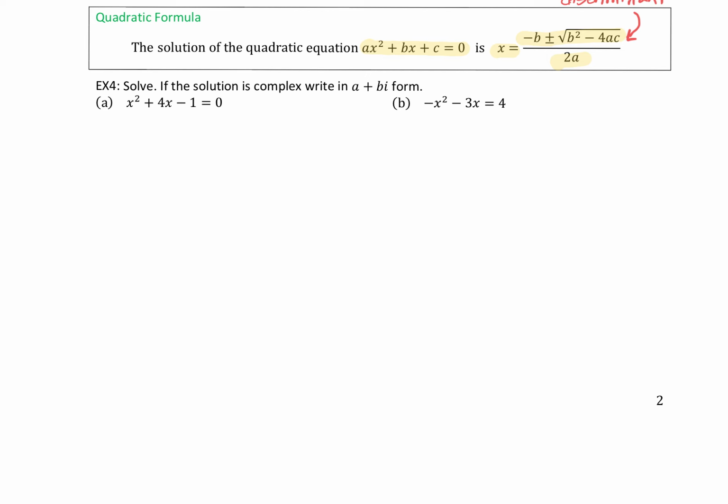Okay, so it is set equal to 0. I can identify, and this is from the previous example, that prime equation that I couldn't factor.